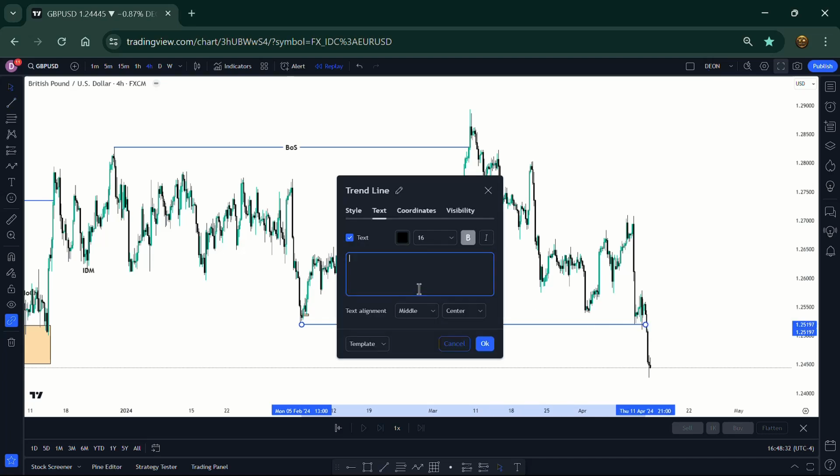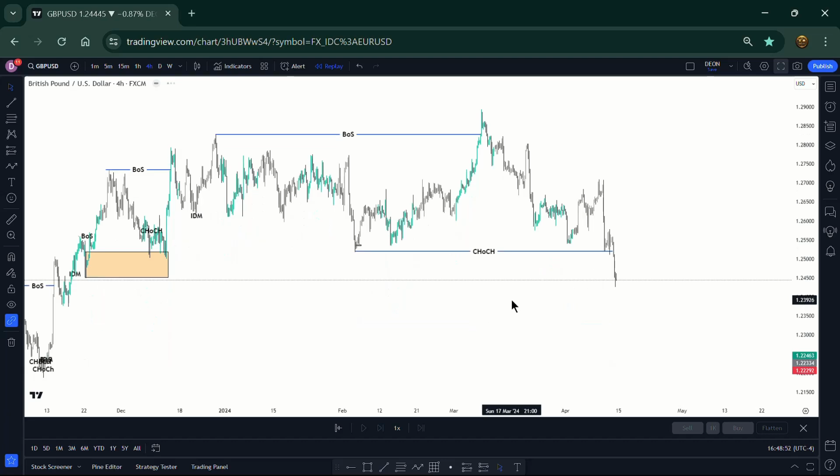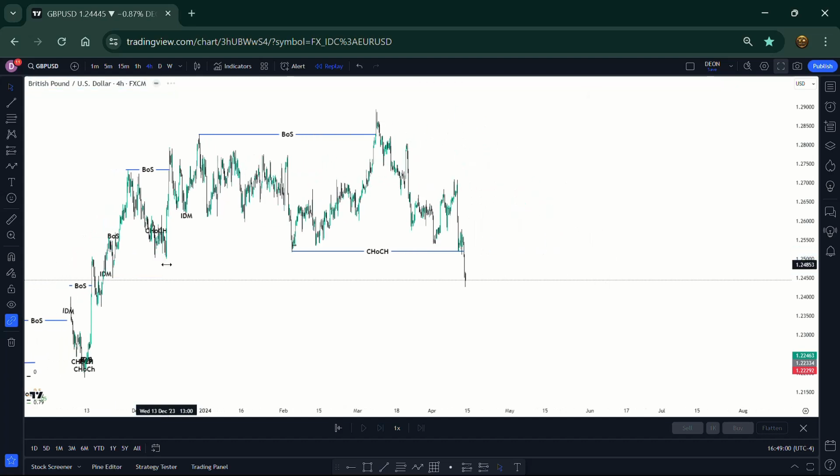Guys, this is the British pound against the US dollar. Okay, if you want, you can do back testing on your own. This is how you learn. Okay, you can use the same chart for you to back test. Okay, when you miss out on a certain issue, you can just go back to this video and then look for where you're going wrong.